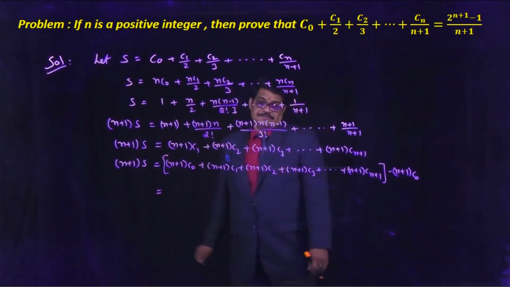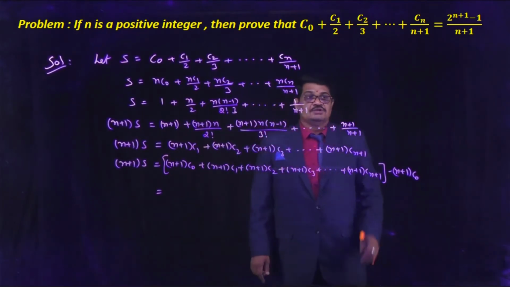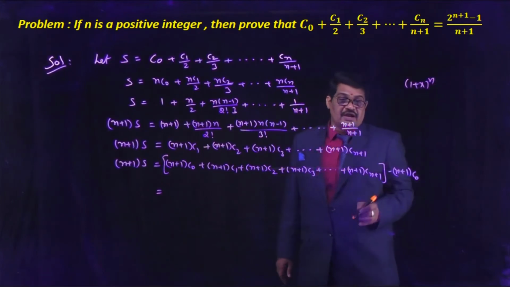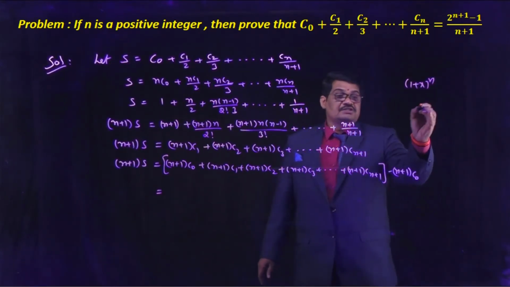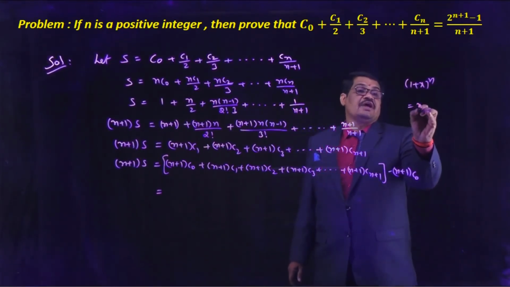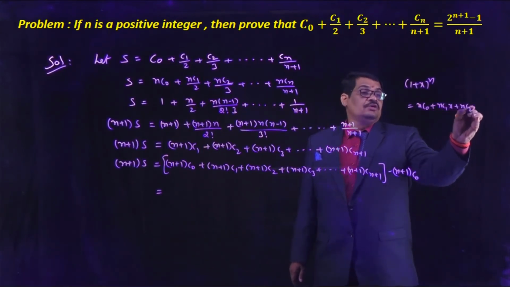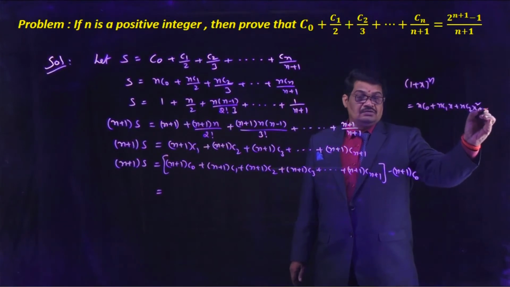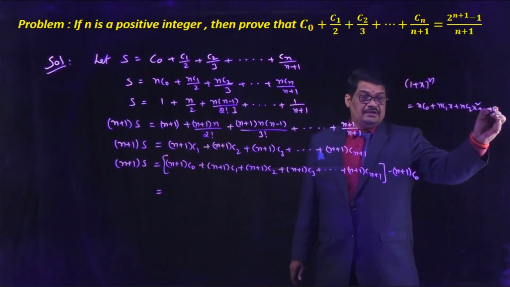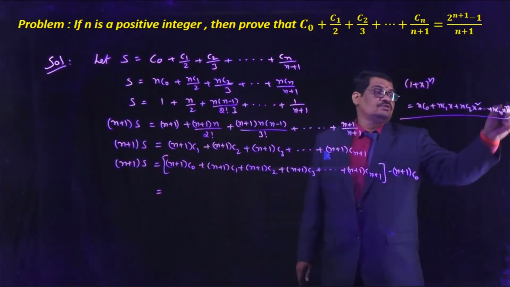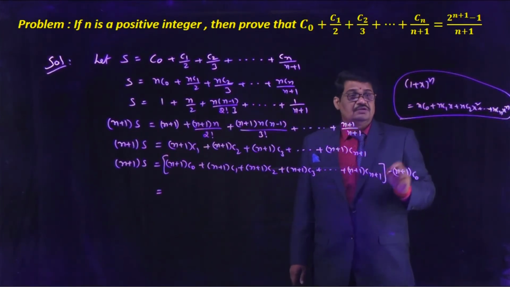So what is the expansion of this one? What is the expansion of (1 + x)^n? That is the standard binomial expansion: nC0 + nC1 x + nC2 x² and so on, nCn x^n. We use this formula.